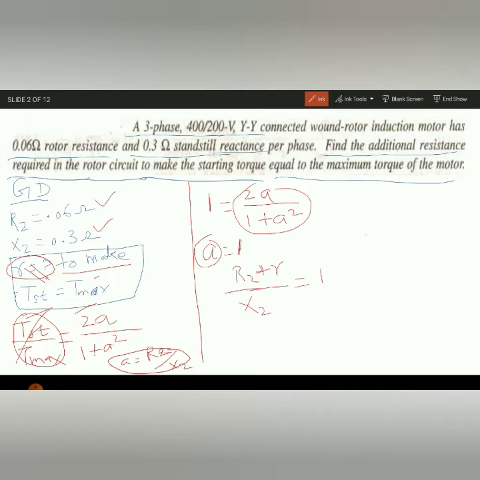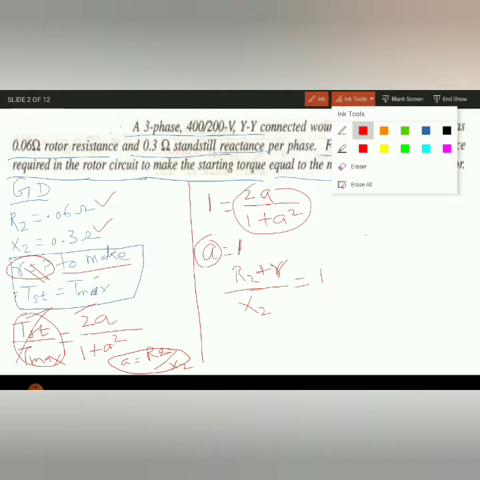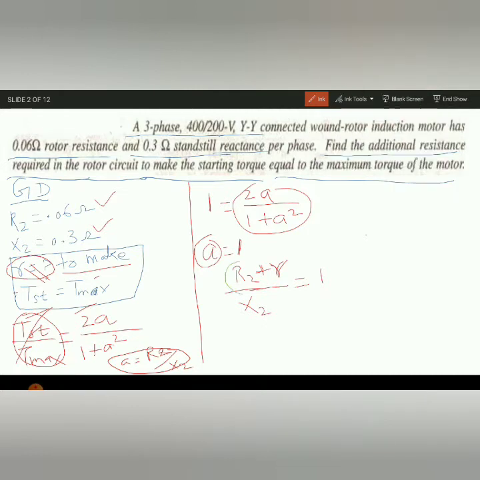Now here we have only one unknown. We know the value of R2 which is given here, and we know the value of X2 which is given here. Simply substitute and we will get the value of the resistance to be included, by which the condition will be satisfied, that is Tst becomes equal to Tmax.